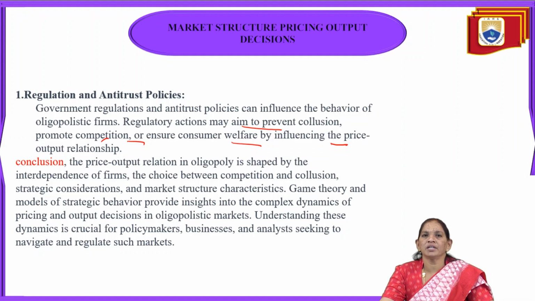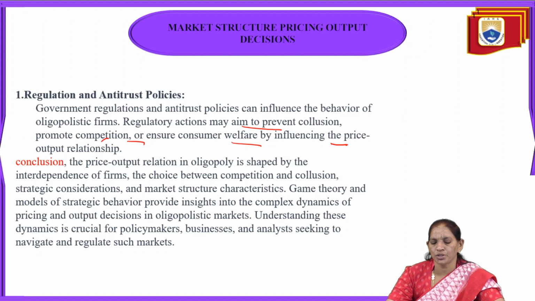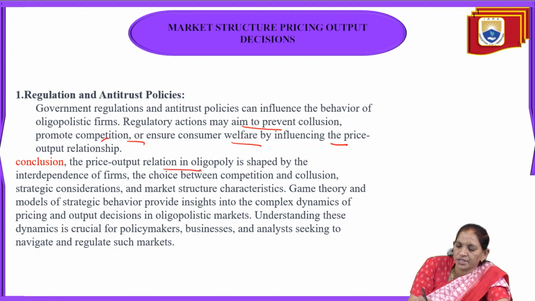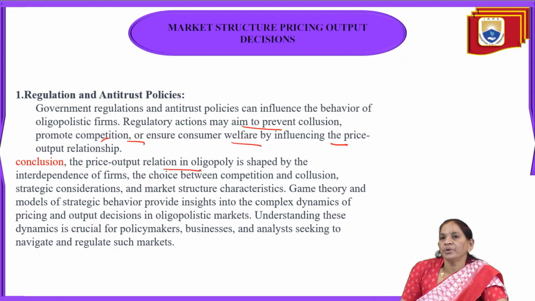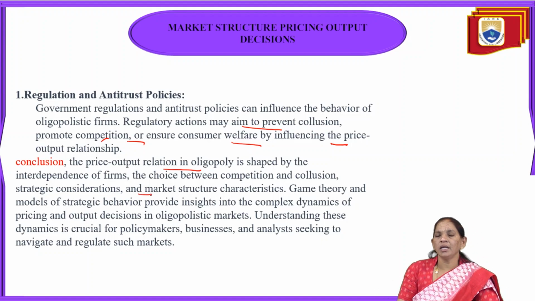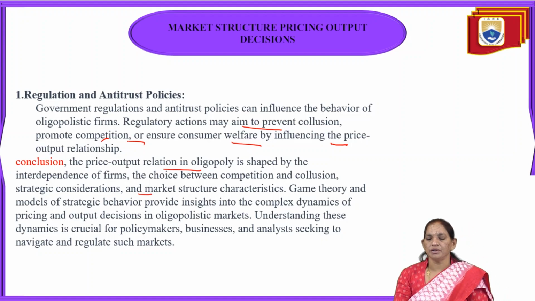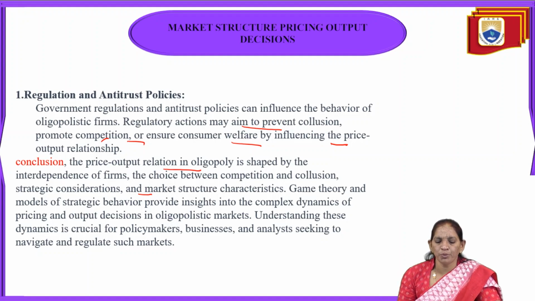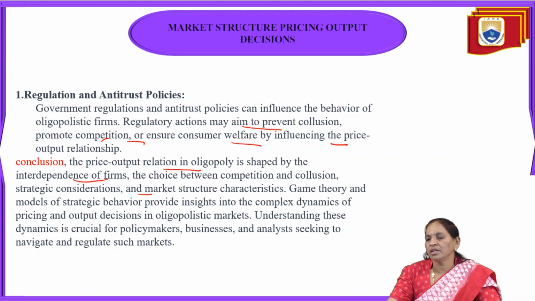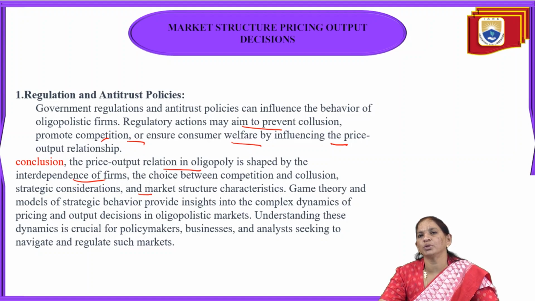With this we can come to the conclusion that in oligopoly market structures, price and output relations are shaped by strategic considerations and market structure. Oligopoly is shaped by the interdependence of the firms, where one firm's price and other activity is dependent upon another.